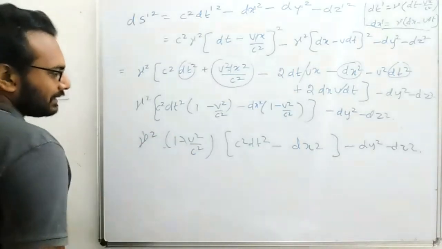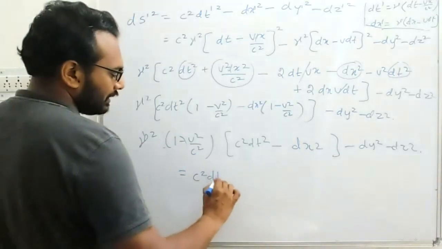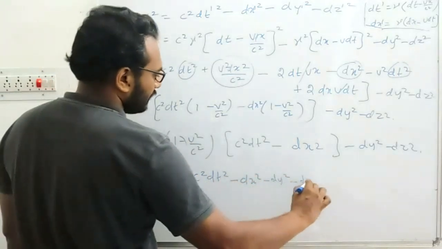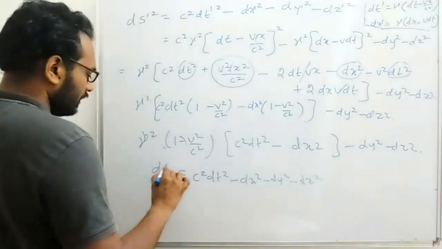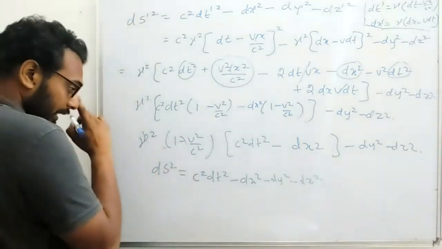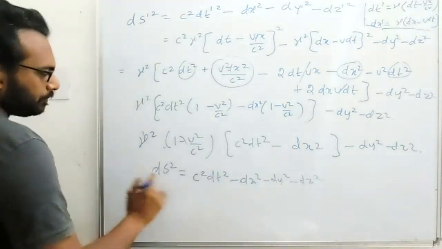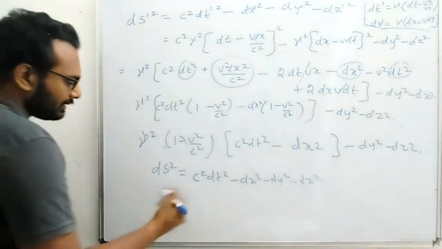So these two terms cancel, and you get c square dt square minus dx square minus dy square minus dz square. This quantity is called ds square, and this is Lorentz invariant. If this is Lorentz invariant, then the minus also is, you just multiply it by a minus.